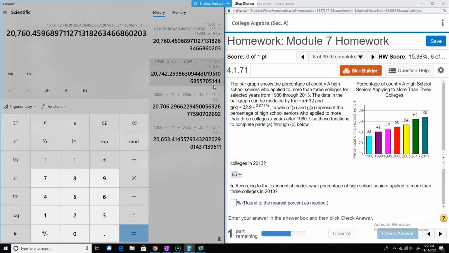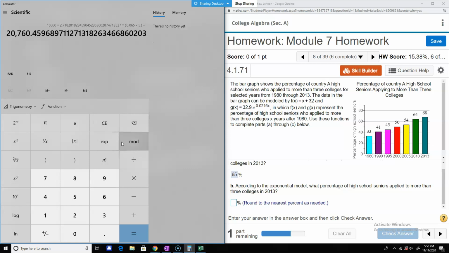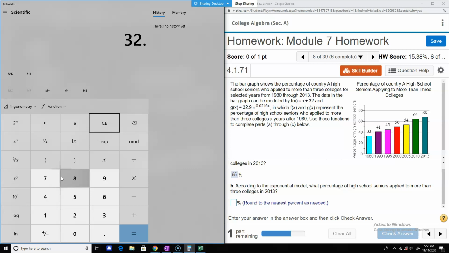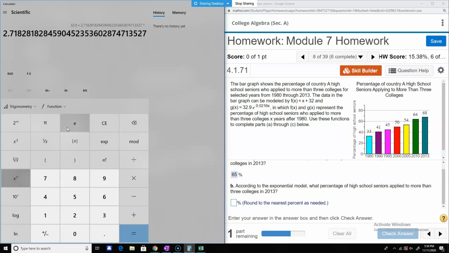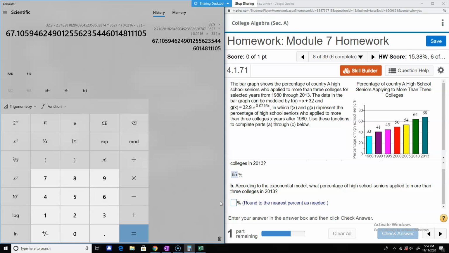You can just do that in your head. But when we are performing this computation, we need the calculator. So we have 32.9 times e raised to the 0.0216 times 33. So we get our answer here. It says round to the nearest percent, so we're just going to say 67.